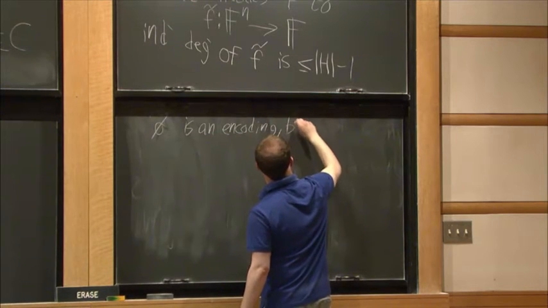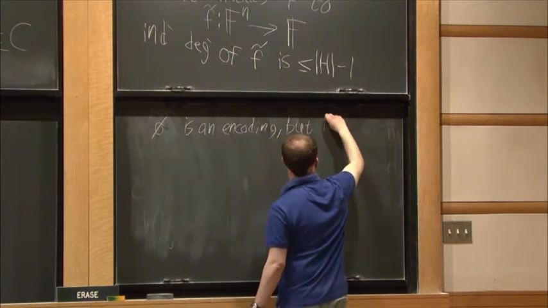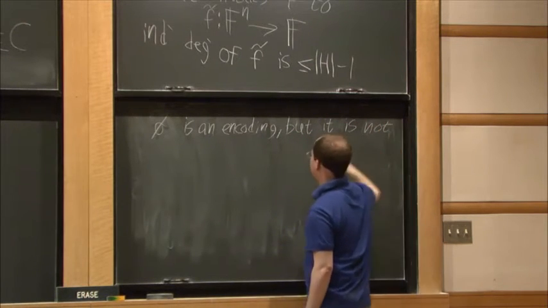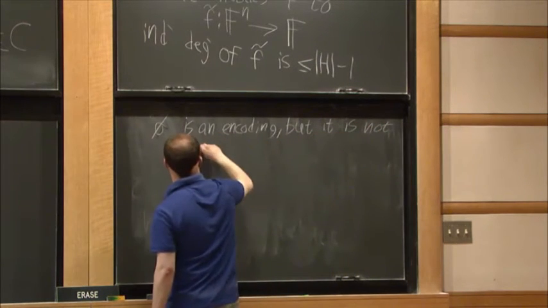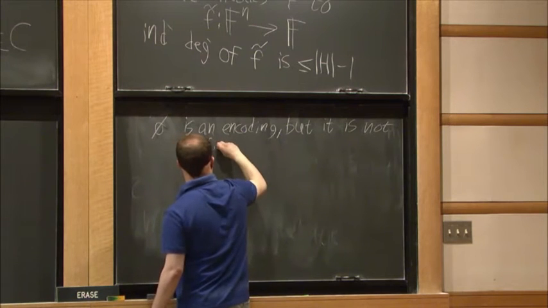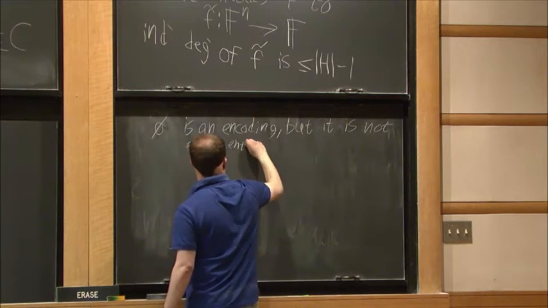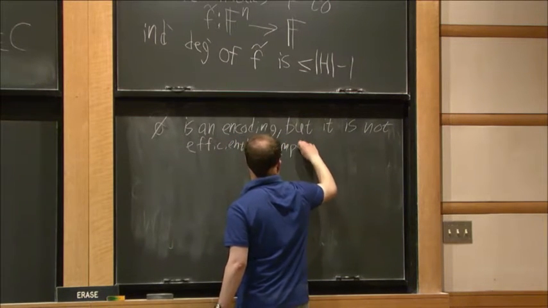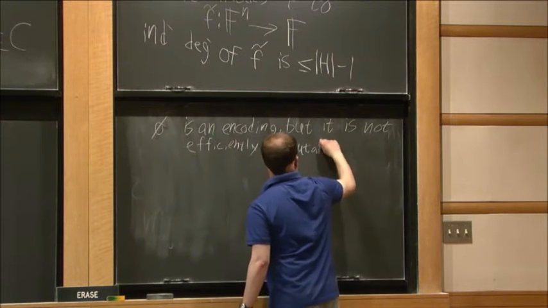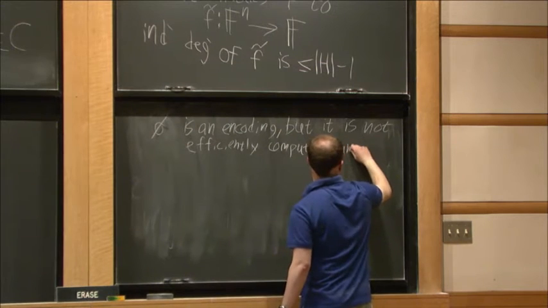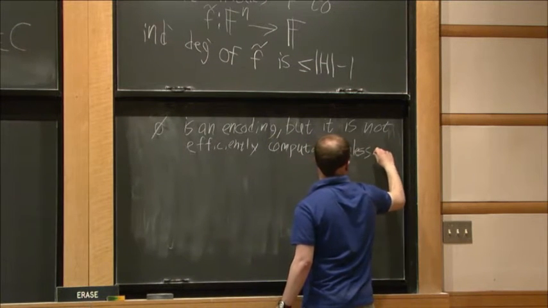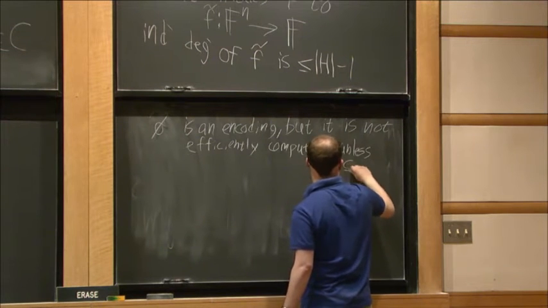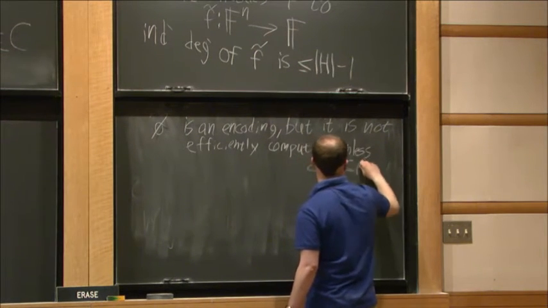But the problem is that it is not efficiently computable, unless NP is contained in, or co-NP is contained in RP.